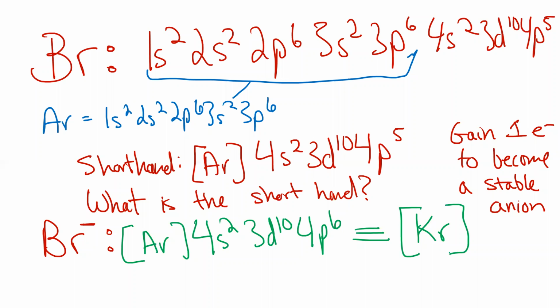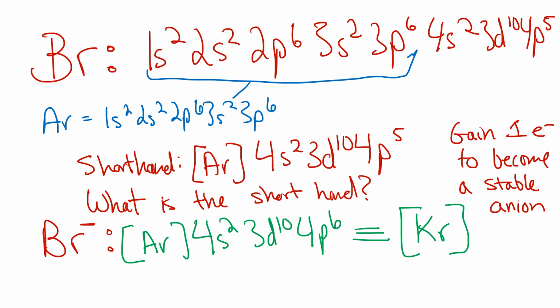Fun little question to ask. What is the shorthand of this ion? If it's an anion, it's going to jump to the one to the right. If it's a cation, it jumps backwards to the one on the previous row. The shorthand of any of these guys, the magnesium ion, the barium ion, is just up the previous row.